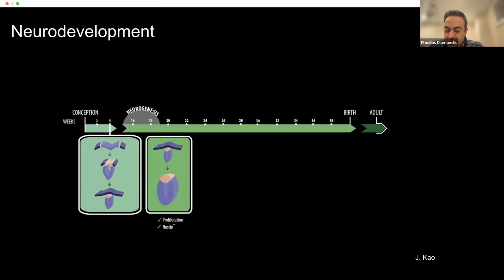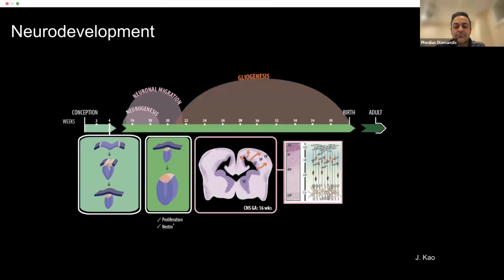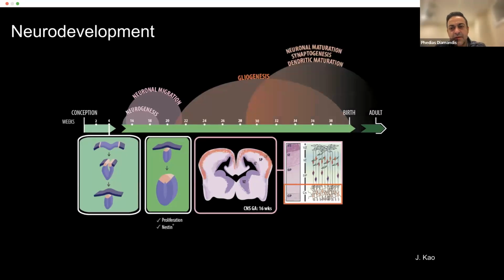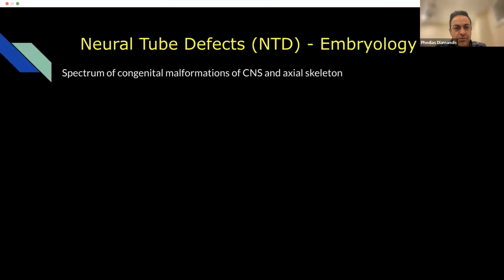Again, it undergoes a process of expansion, proliferation, and then neurogenesis in the first half of neurodevelopment to form the neurons. These will migrate out into the ventricular zone, into the cortical plate. Then in the second half of development, the same structure will generate glial cells. And then only then will you have synaptogenesis, neuronal maturation, myelination, and synaptic pruning later in development and through adult life. So again, we're focusing really on that first step.